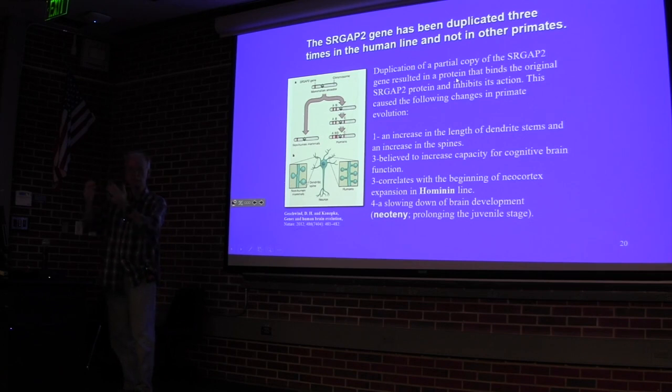So it really decreases the effectiveness of the SRGAP2 gene expression by removing some of the active population of molecules. We have begun to inhibit SRGAP2. We have a little bit too much, and by doing that, it has helped retard our development. We are retarded so we get smarter somehow.